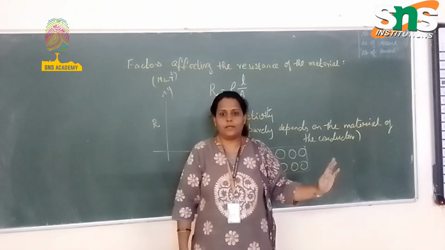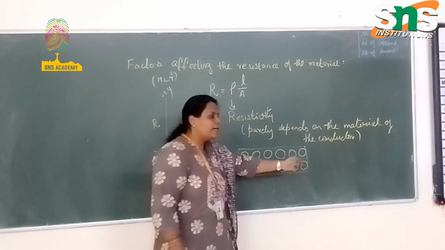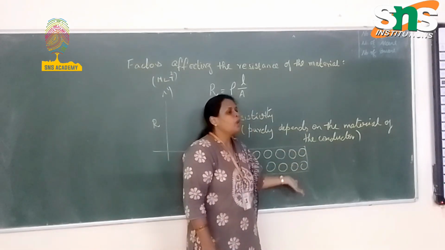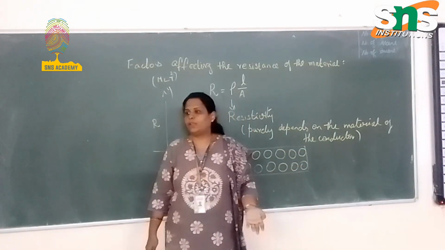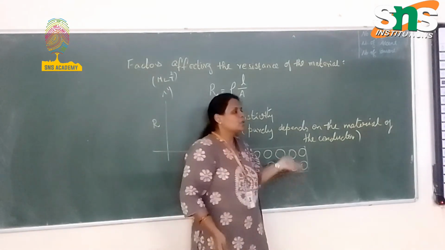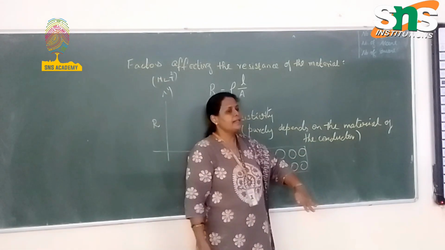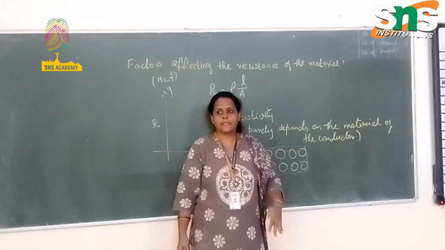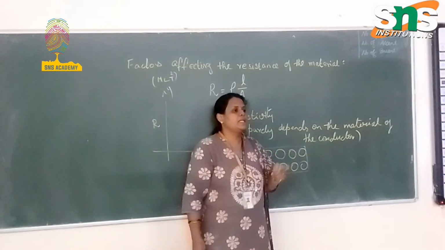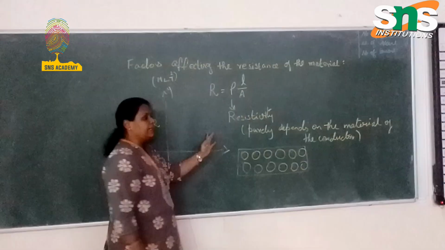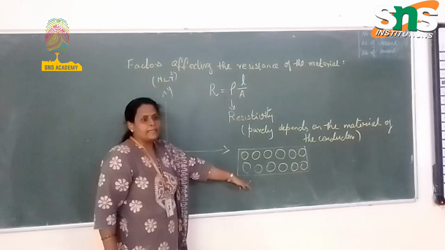It will obstruct the flow of electrons. So while it is obstructing the flow, it will hit again and again on these atoms and free electrons. So they will start to vibrate from their mean position. So that vibration will be generated as heat. Very good. Heating effect of electric current. So temperature increases, resistance increases.